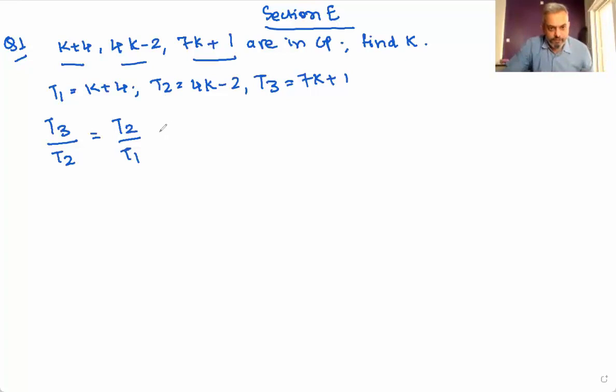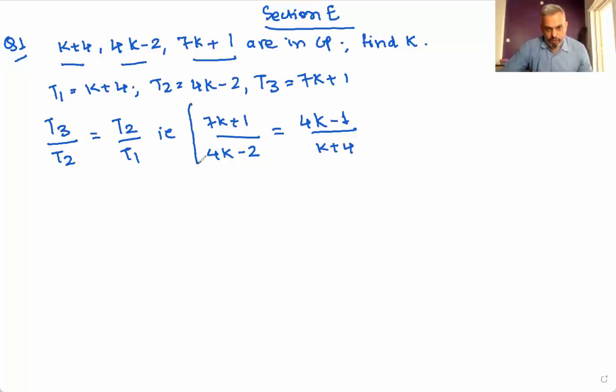So that comes to 7k plus 1 upon 4k minus 2 is equal to 4k minus 2 upon k plus 4.